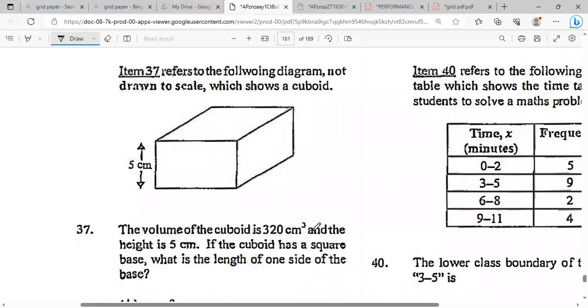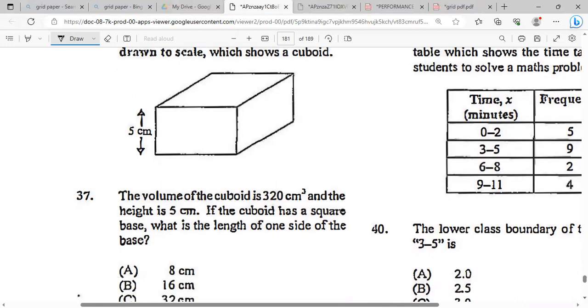Item 37 refers to the following diagram, not drawn to scale, which shows a cuboid. The volume of the cuboid is 320 centimeters cubed and the height is 5. If the cuboid has a square base, what is the length of one of the sides of the base? Now, the base is a square, the volume is 320, and we have a height of 5.